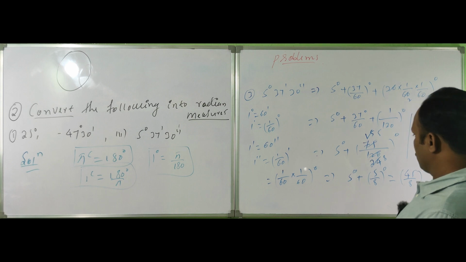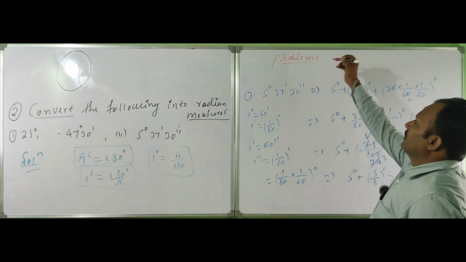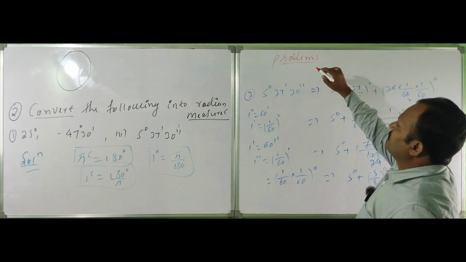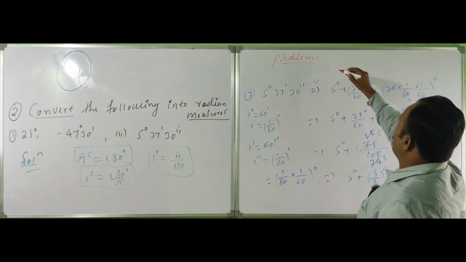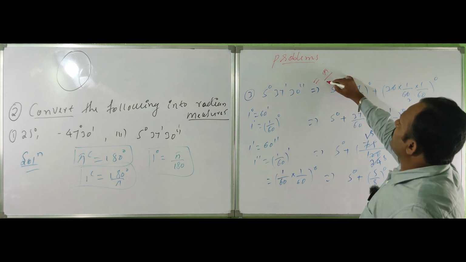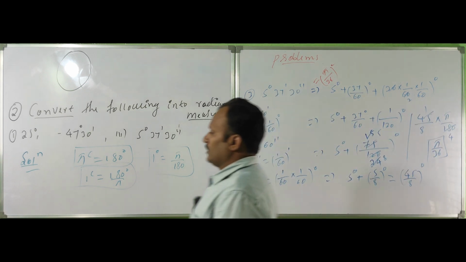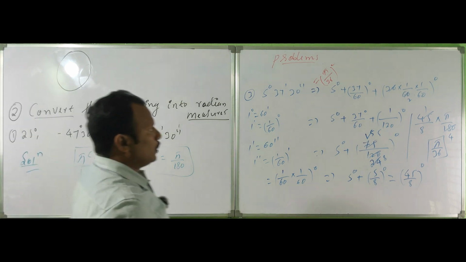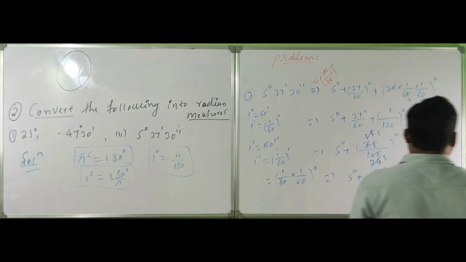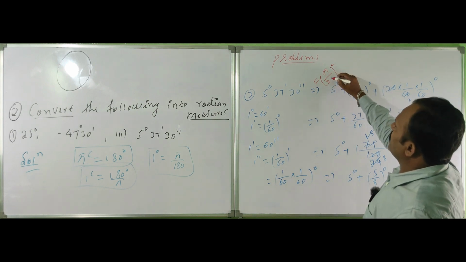You should write here: 5 degree 37 minutes 30 seconds is equal to pi divided by 36 radian.